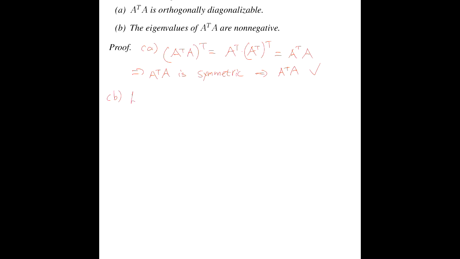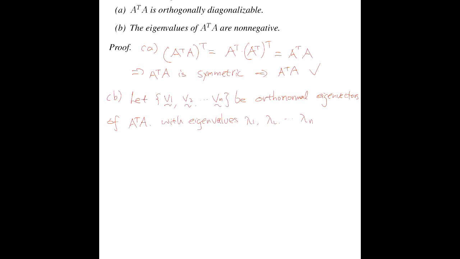Because we know A transpose times A can be orthogonally diagonalized, we can let v1, v2, ..., vn be an orthonormal basis of eigenvectors of this, with eigenvalues lambda 1, lambda 2, ..., lambda n.